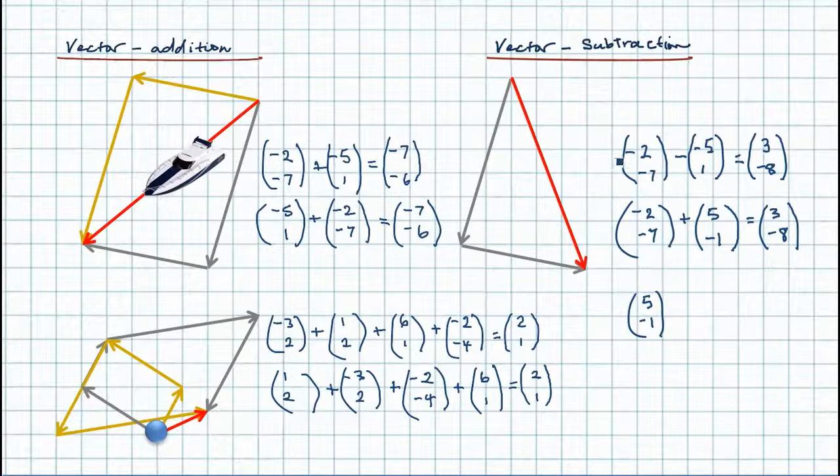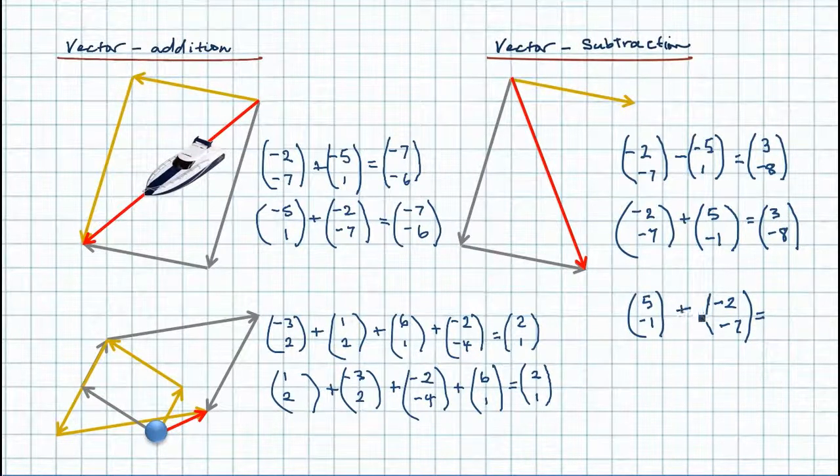So this would give us a vector, if we go back to our diagram, starting here, this will give us a vector going along 5 and down 1, so it should end here. And completing the parallelogram, we've got minus 2, minus 7.